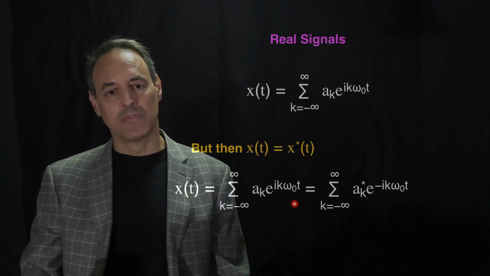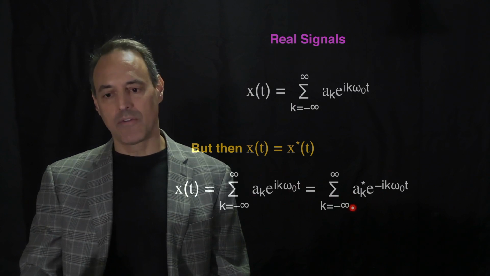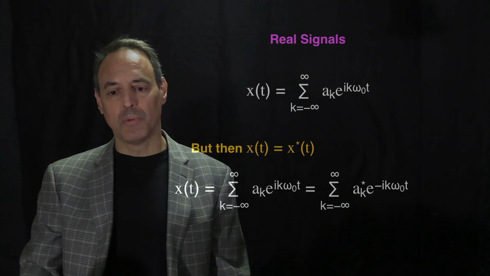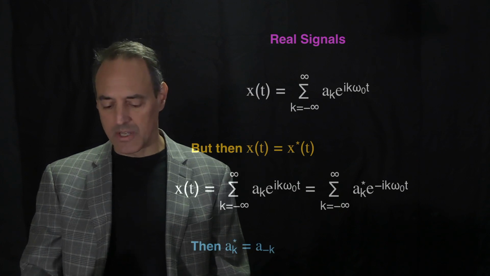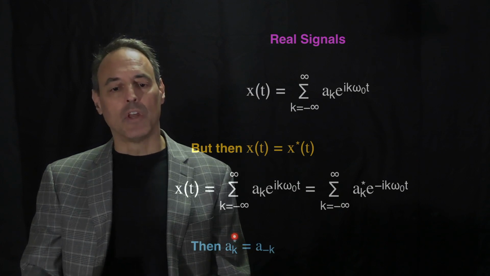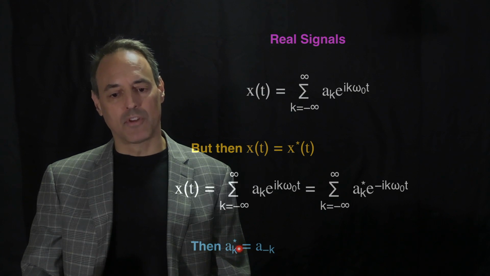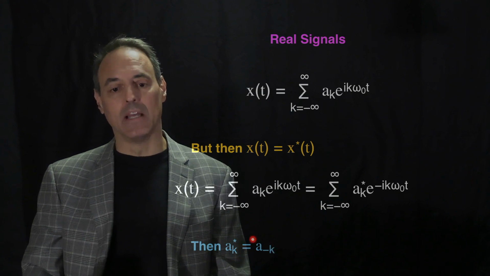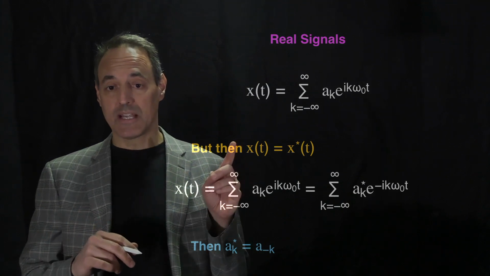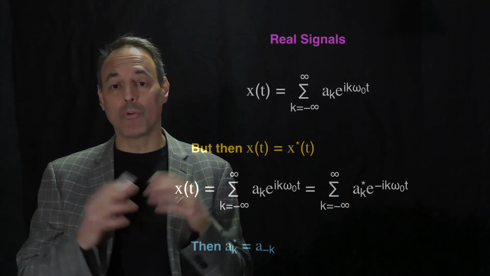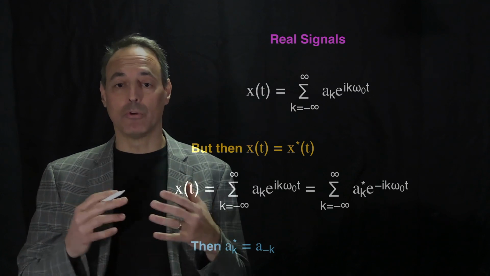So you have this relationship here: here's x of t, here's x star of t, okay? And you want those to be equal, and the implication is that if you take the complex conjugate of the coefficient a of k, it has to be equal to a of minus k. By the way, this relationship is exactly what we used in the previous example, because if you have this holding, these things will add up to produce real signals.